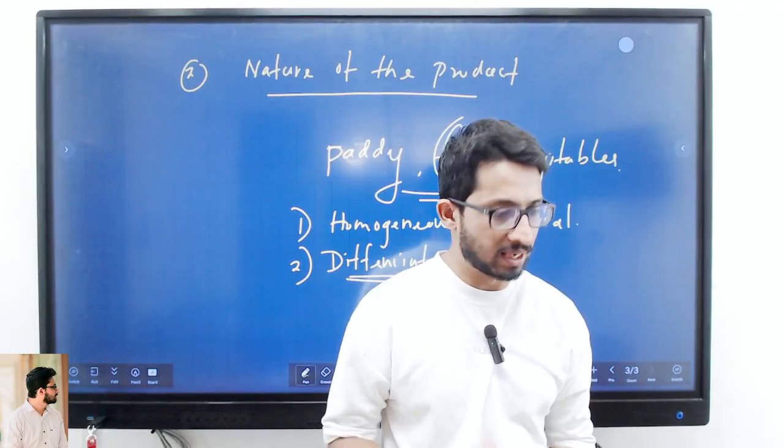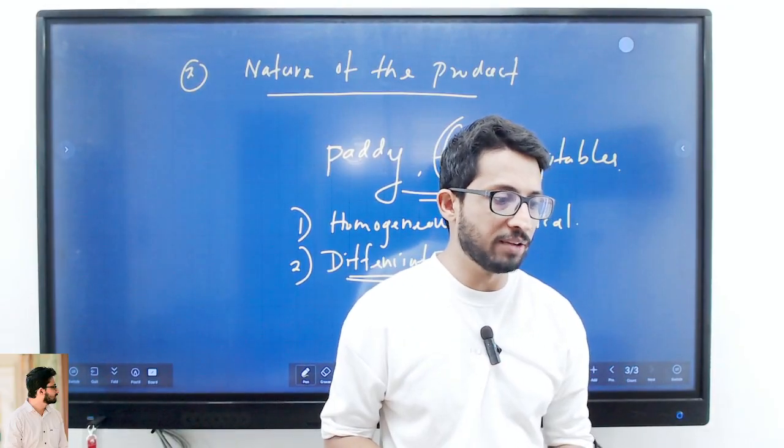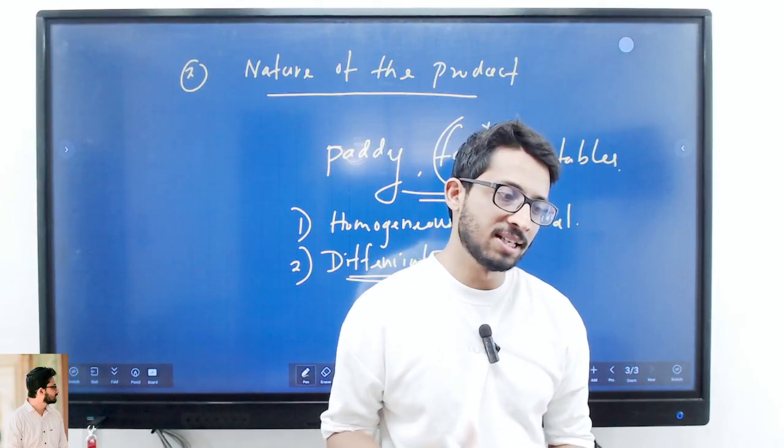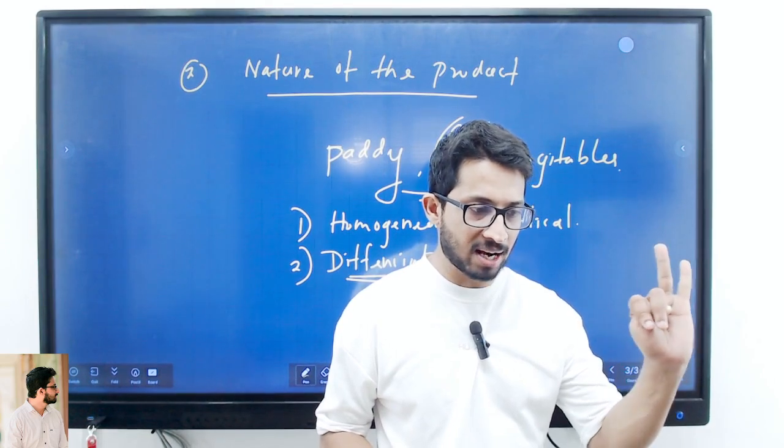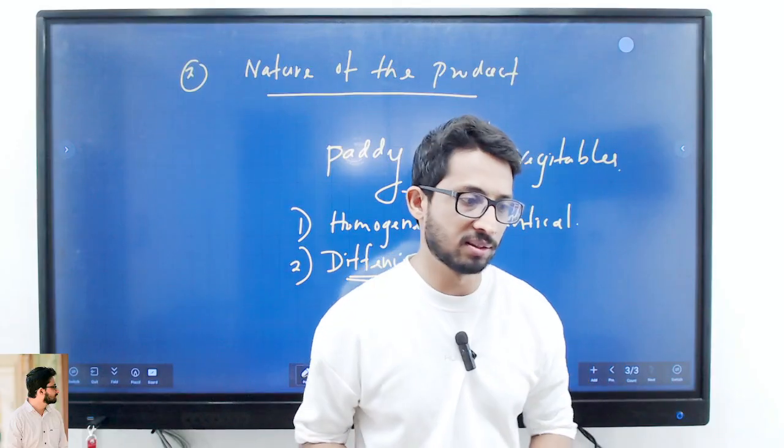Soft drinks. Bottled soft drinks in Sri Lanka, Elephant House, Coca-Cola, are they the same or different? In terms of color, price, brand, design, are they the same or different?